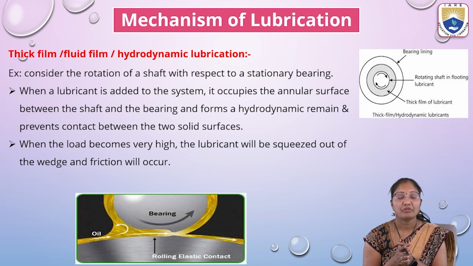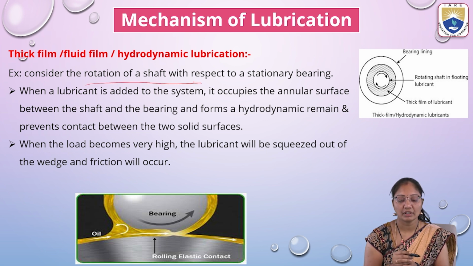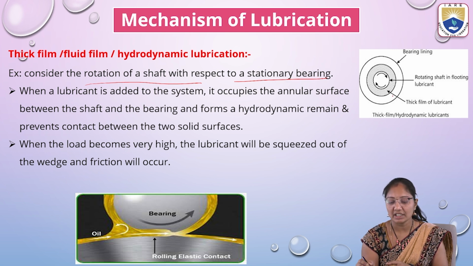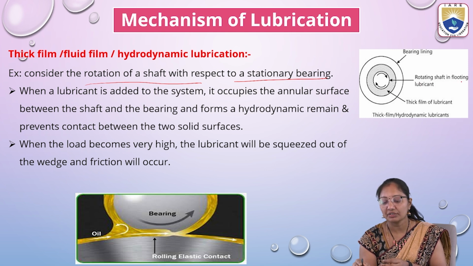An example of thick film lubrication is the rotation of a shaft with respect to a stationary bearing. Stationary means it is not moving, while the shaft is moving very fast. The rotating shaft is floating in lubricant, a thick film of lubricant.